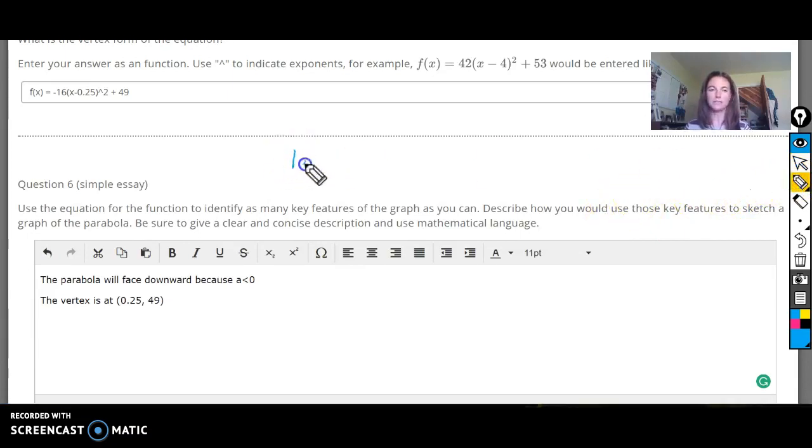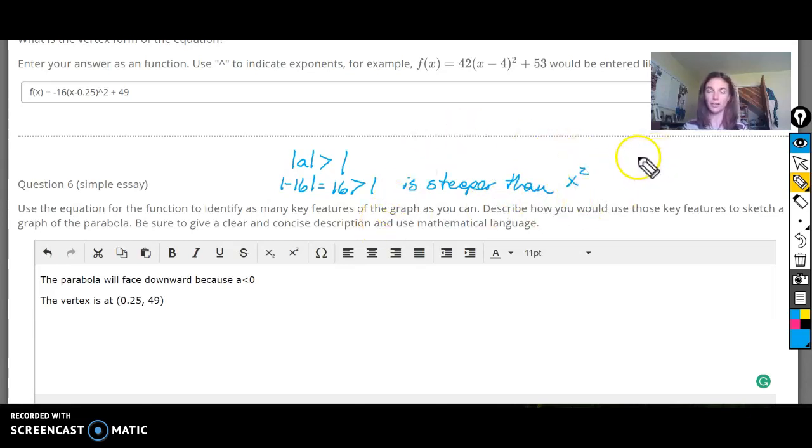If the absolute value of a is greater than 1, so the absolute value of negative 16 equals 16, which is greater than 1, then the parabola or the quadratic equation in question here is steeper than simply x squared, okay?